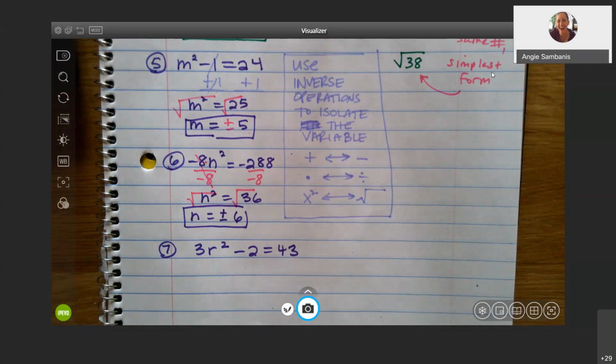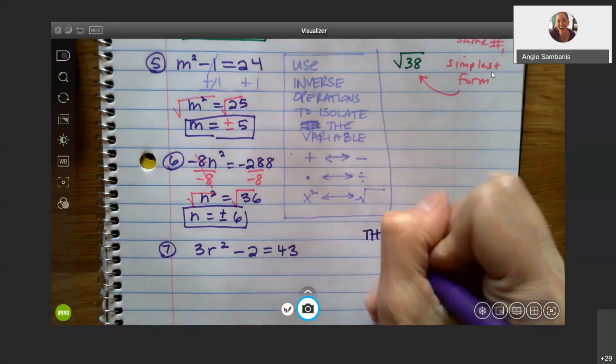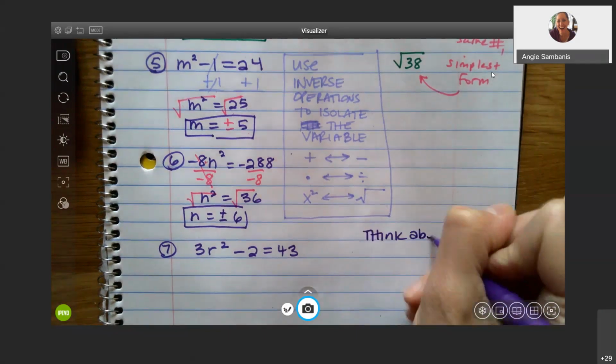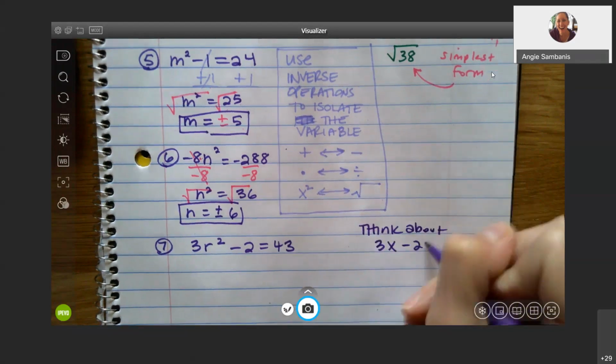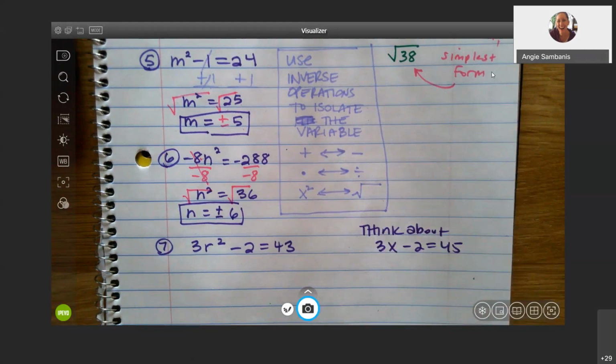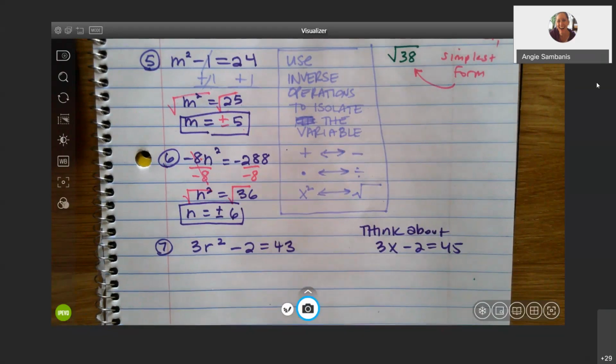Now for this next, it's like we combined 5 and 6. Think about if it was just a regular old little equation. Think about if it was just 3x minus 2 equals 45. What would you do first? Good, Nurhan.